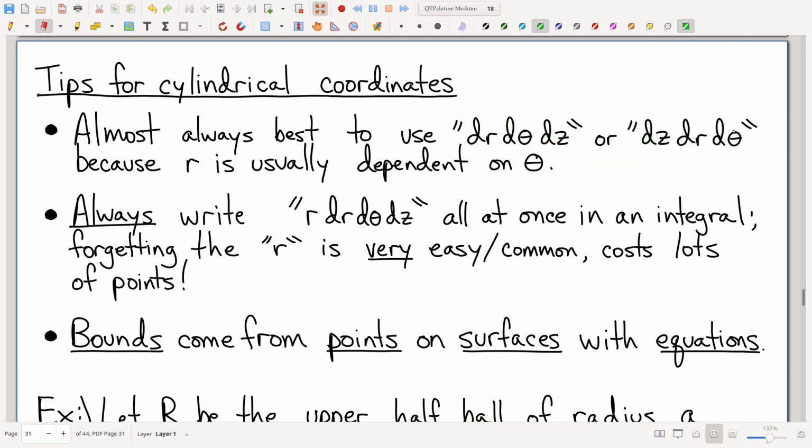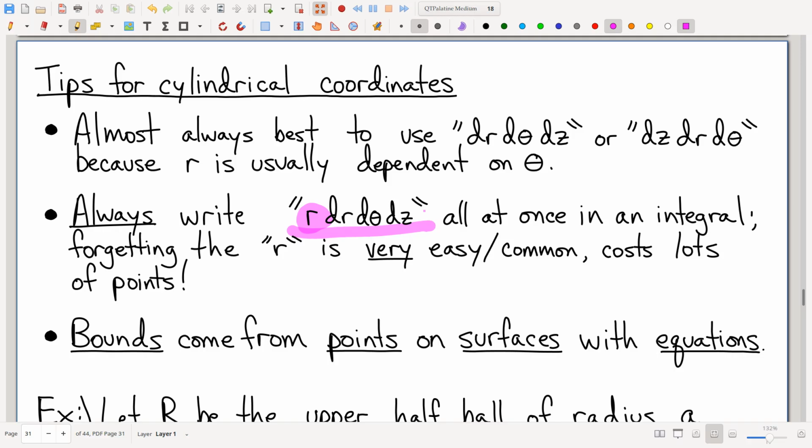I'm going to make the same sort of strategic advice that I made before. Always include your r as you write down those differentials, whichever of these differentials you're using. Don't ever write dr d theta dz by itself. Why would you do that? You're just setting yourself up to forget and lose several points, conceivably as many as 5 points.